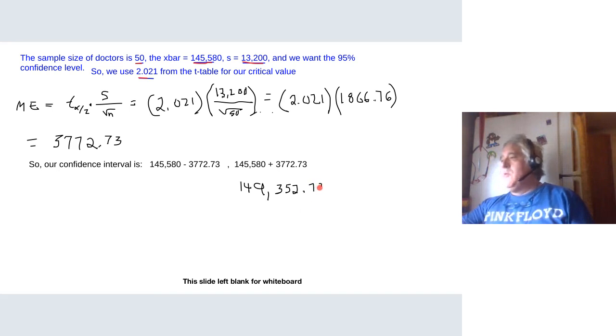I'm going to just round that off on the final one, but over here, it's 145,580 minus. So 141, actually, 807.27.